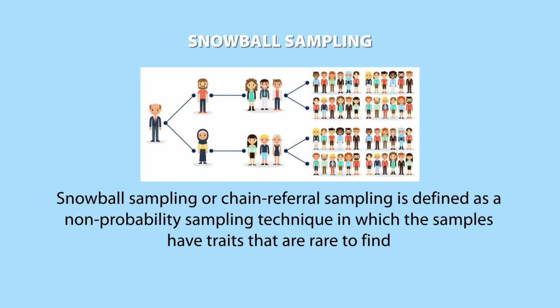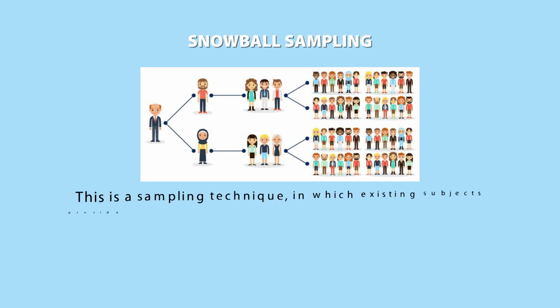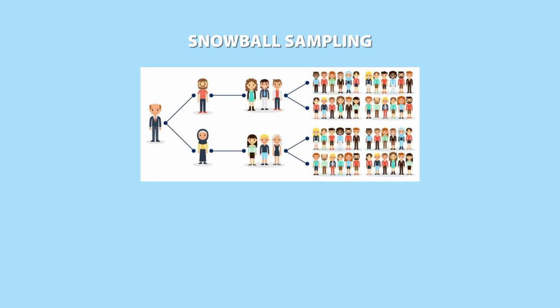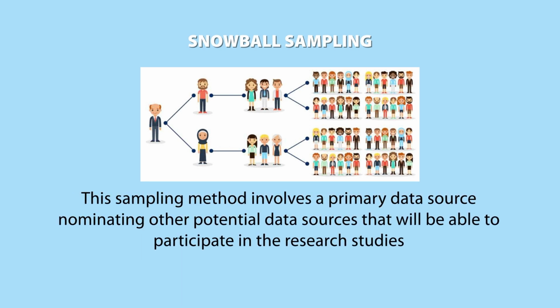Snowball sampling or chain referral sampling is defined as a non-probability sampling technique used for traits that are rare to find, in which existing subjects provide referrals to recruit samples. This is sometimes quite important, and these sampling methods involve a primary data source nominating other potential data sources. So what exactly are we doing?